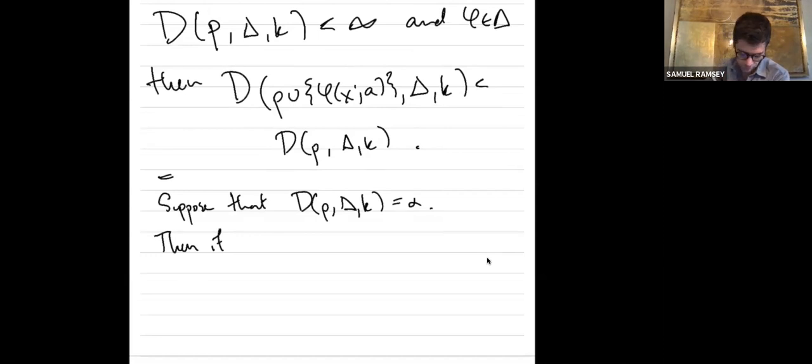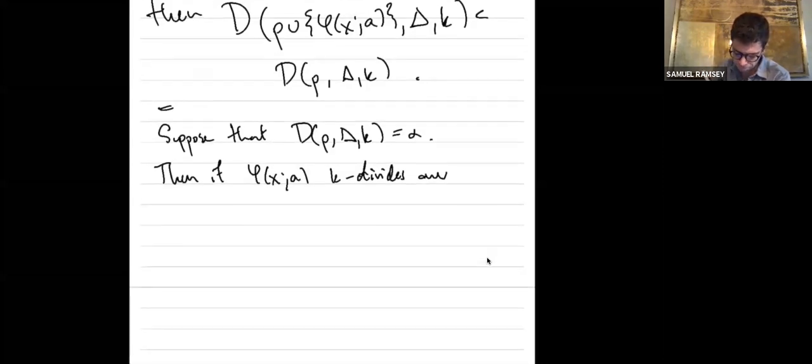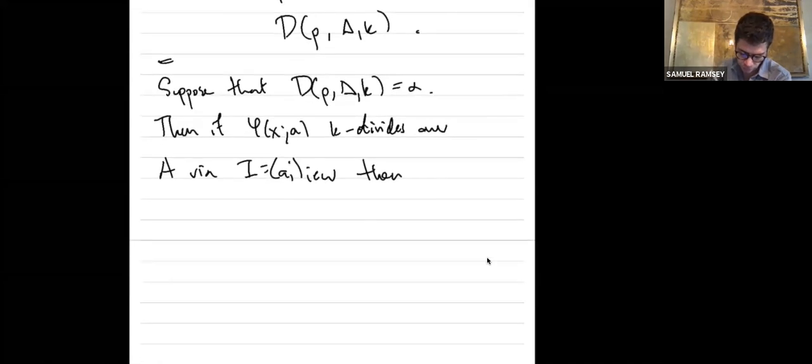Then if phi(x, a), k divides over a via some sequence ai, i less than omega, then, okay, let me say it this way.